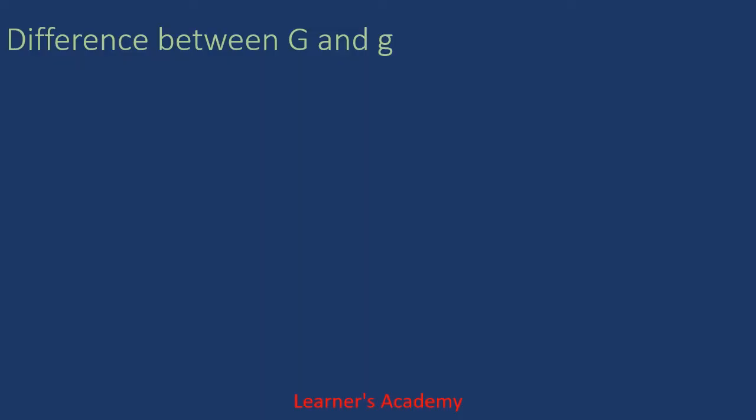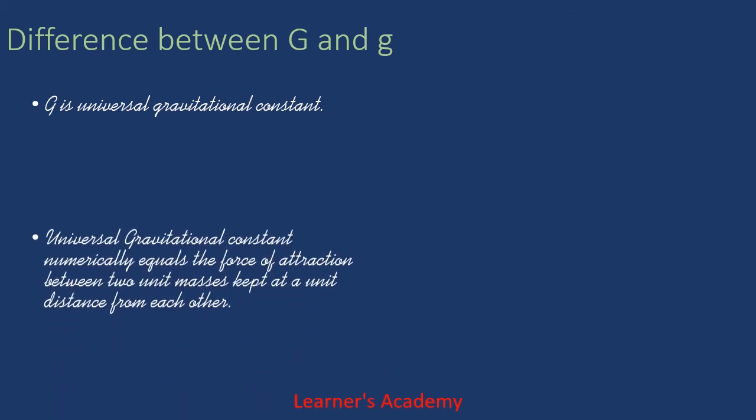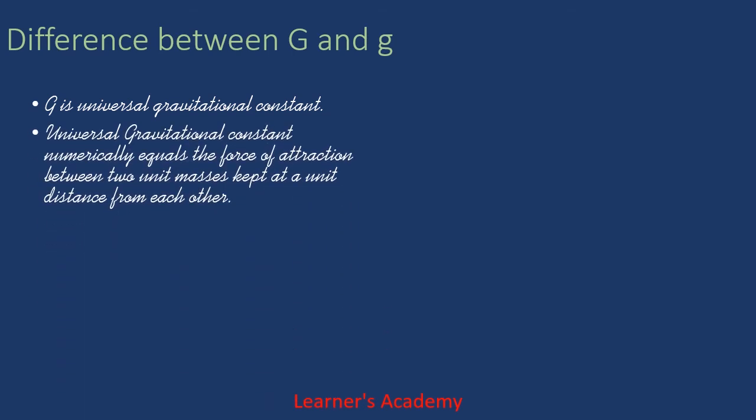All right, see what is the difference between G and small g, that is universal gravitational constant and the acceleration due to gravity. All right, the first point, that capital G, that is universal gravitational constant. Okay, universal gravitational constant numerically equals the force of attraction between two unit masses kept at a unit distance from each other.